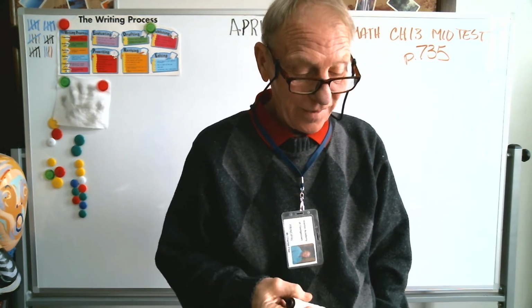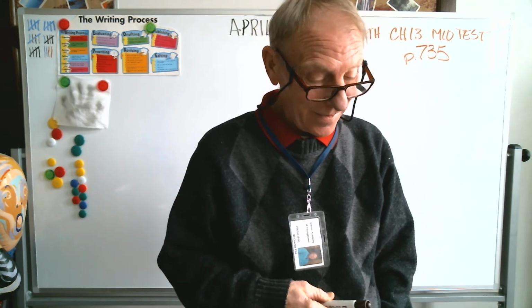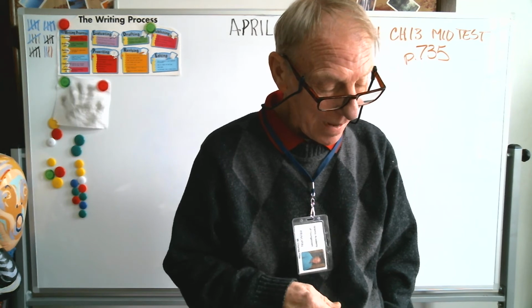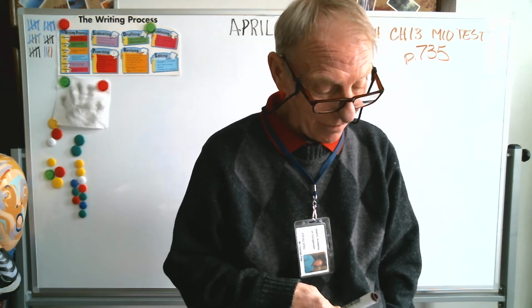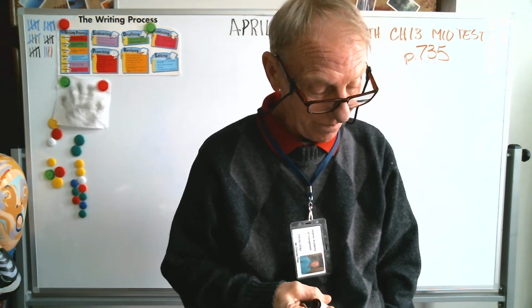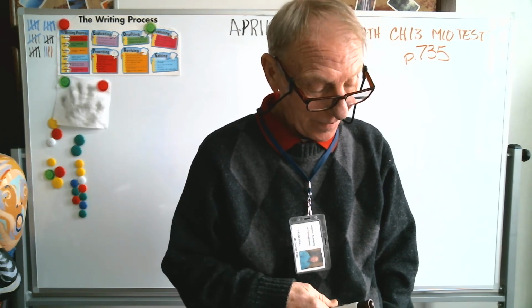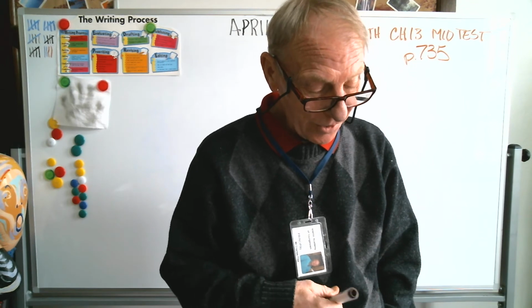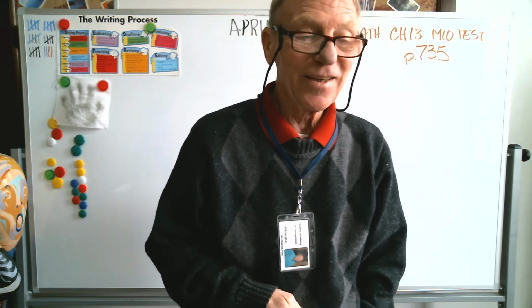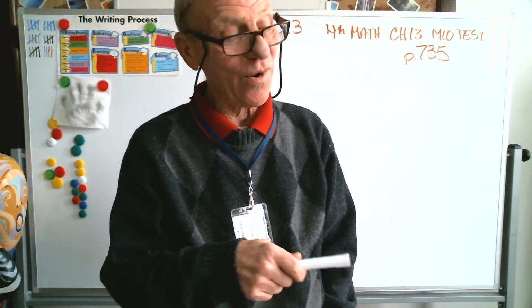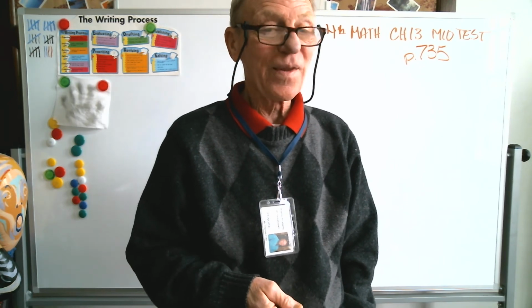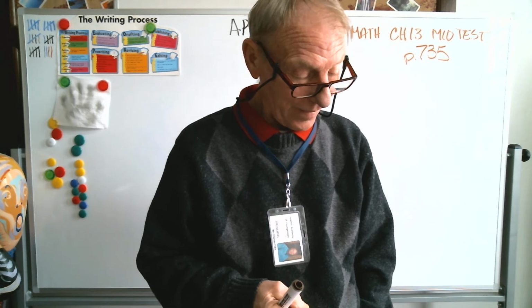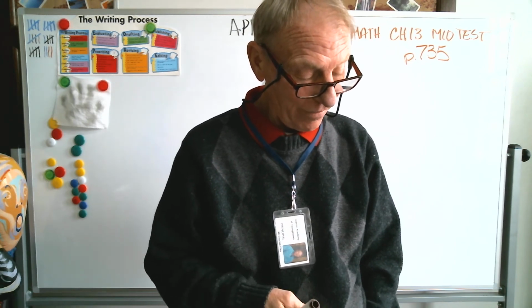Now, number 13. Gee whiz, they really want to mess with you. Which of the combined rectangles has an area of 40 square inches? Or, I'm sorry, 40 square feet. And what you're going to have to do is work through all 4 of those and figure out which one actually comes to 40 square feet.